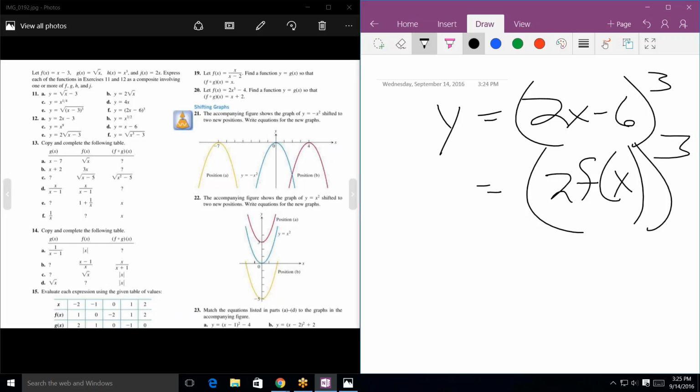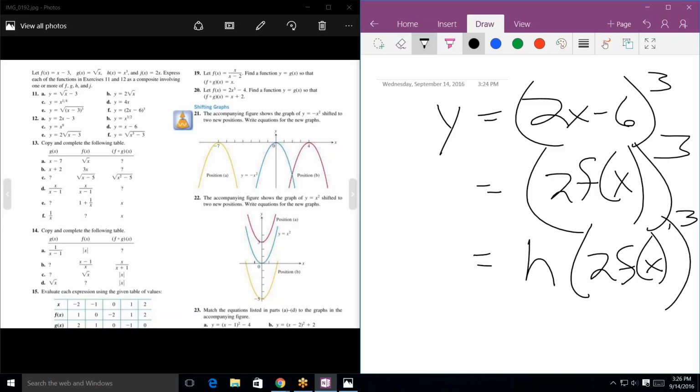So let me think for a second if that's the final answer or not. Because we have an x cubed is equal to h of x. So would this be h of 2f of x cubed? Well, let's put the cubed inside.